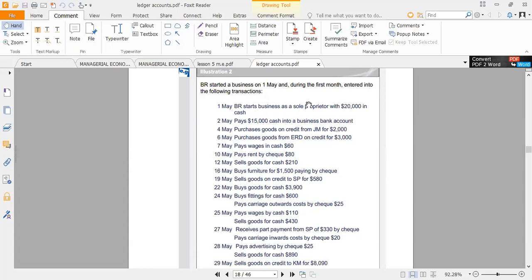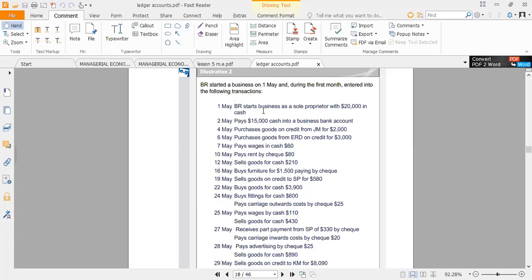So here, remember the 4 steps that were involved in coming up with a T account. Identify the items involved here. We have capital and the cash account. So what are we going to do to the capital? We're going to credit it, because to increase capital, we credit. And what are we going to do to the cash?